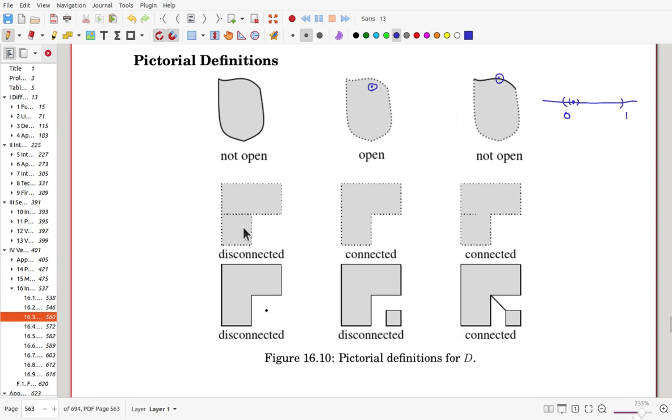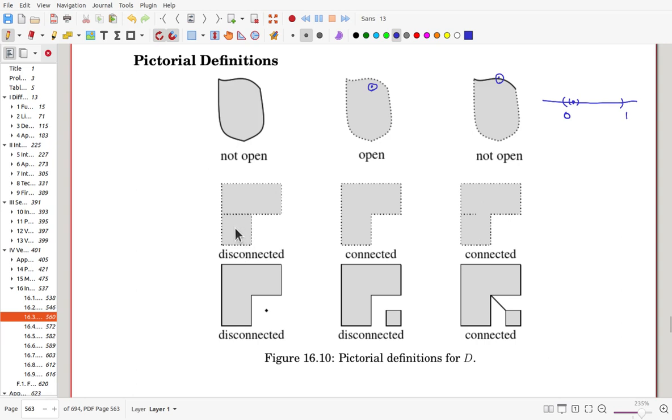Now we'll define a connected domain. Once we are missing a line, then it's not connected, so we say this is disconnected. This one is connected. Connectedness is defined in this way: if you choose any two points, then you can find a path from one point to the other, and the path must be in the region.